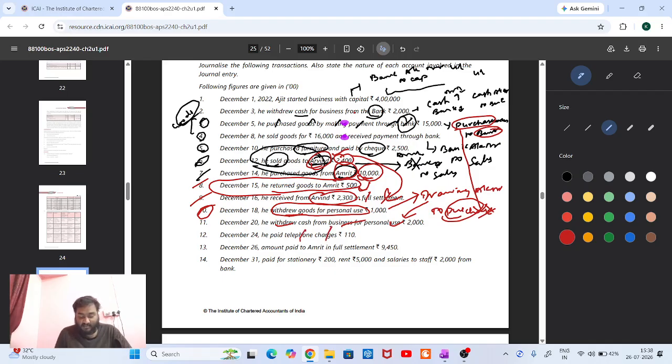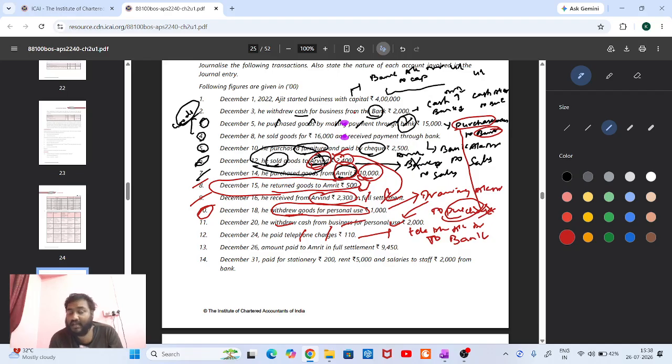Paid telephone charges. Telephone charges is an expense. Telephone charges account debit to what do we credit? Cash or bank. We pay telephone charges. Again, I'm telling you, we are paying through bank.